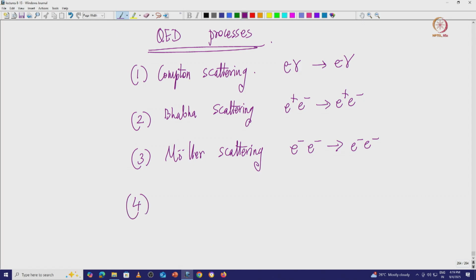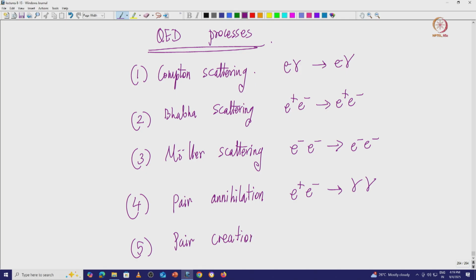The fourth one is called pair annihilation, e plus e minus going into gamma gamma. The fifth one is called pair creation, which is the reverse of that.